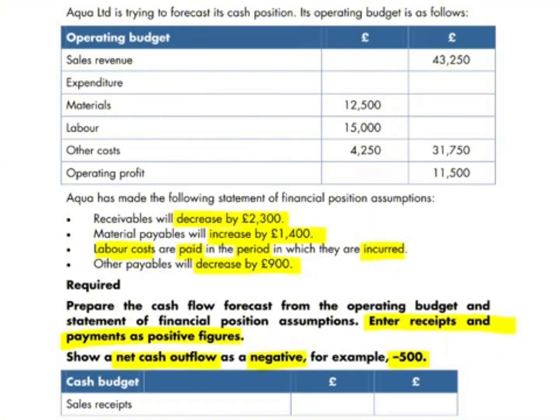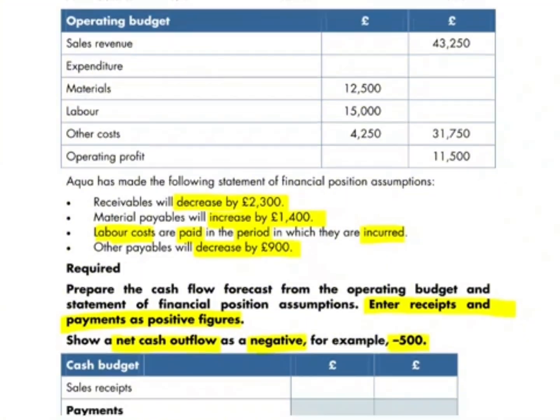So if we're going to decrease our receivables by £2,300, it means that we would have received in more cash from our customers than is stated in the sales revenue figure in the operating budget. They've given us £2,300 more than we would have stated as revenue. So that's going to increase our cash flow.